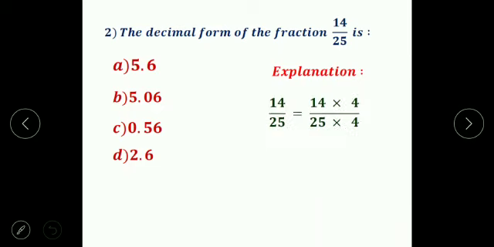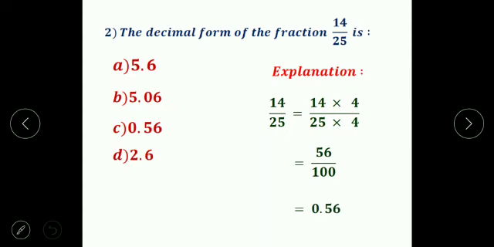Your denominator is not a multiple of 10, correct? So we have to convert this denominator to a multiple of 10. Now we know that 25 fours are 100, correct? That's why we have to multiply the numerator as well as the denominator by 4. So 14 fours are 56, 25 fours are 100.